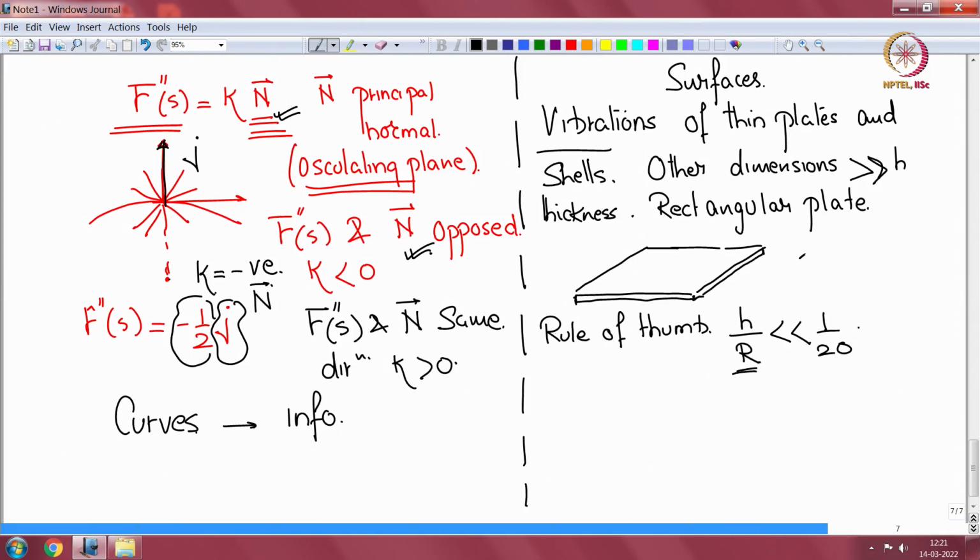So if I have a curved section, let's say, and this is the radius of curvature, then the thickness should be such that it follows this rule of thumb. That's a rule of thumb.